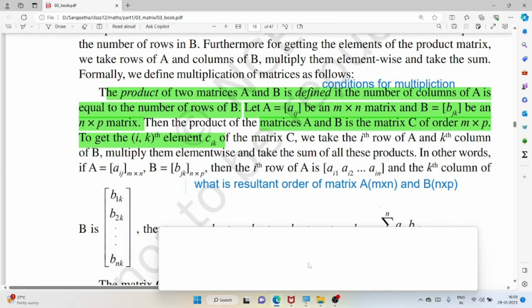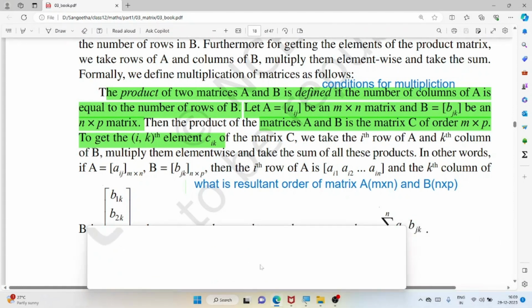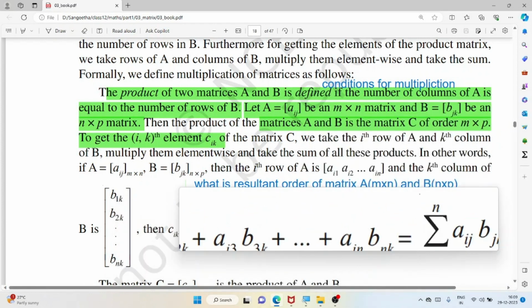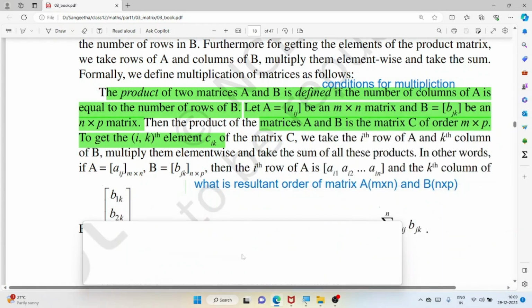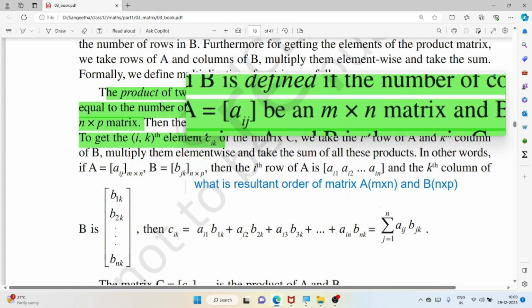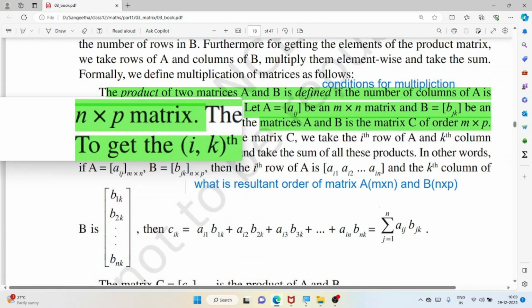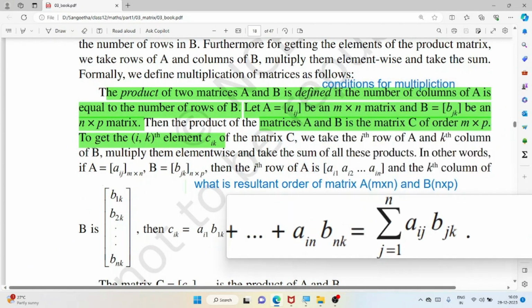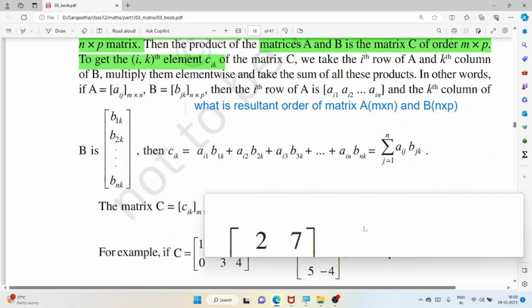Let us say C is the resultant matrix. The order of matrix A is m cross n, B is n cross p, then the resultant matrix is m cross p. That is the resultant order of the matrix.